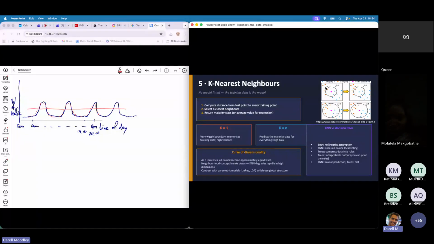There are different ways of calculating the distance. Euclidean is often used, but there's more than one way. There's the Manhattan distance as well. For now, let's just assume it's Euclidean, and you can read up on the different distance metrics that you can use. So it calculates the distance from every single point to the pink dot.